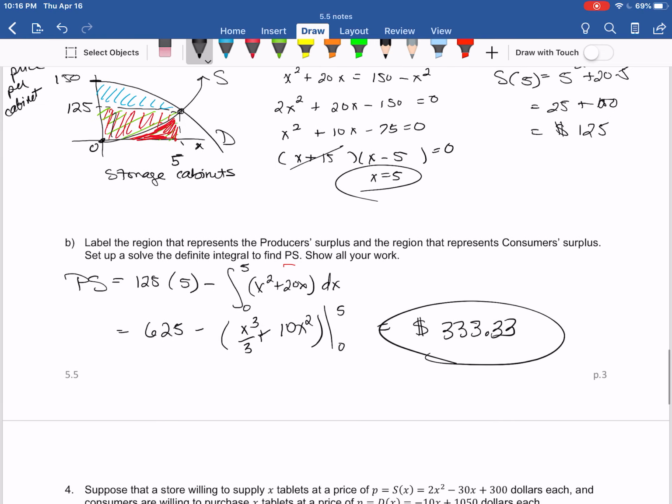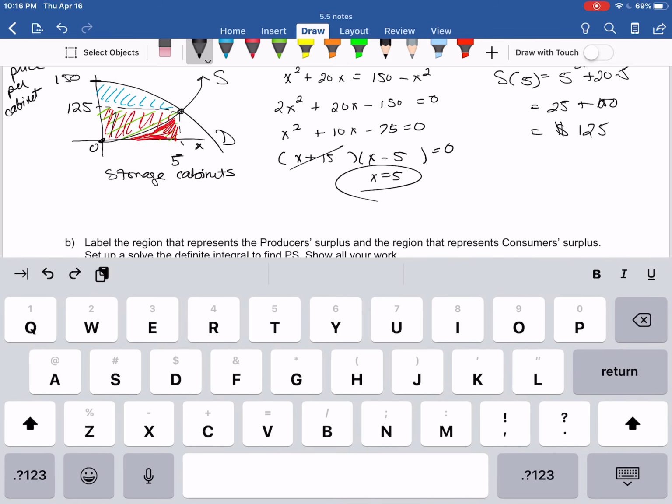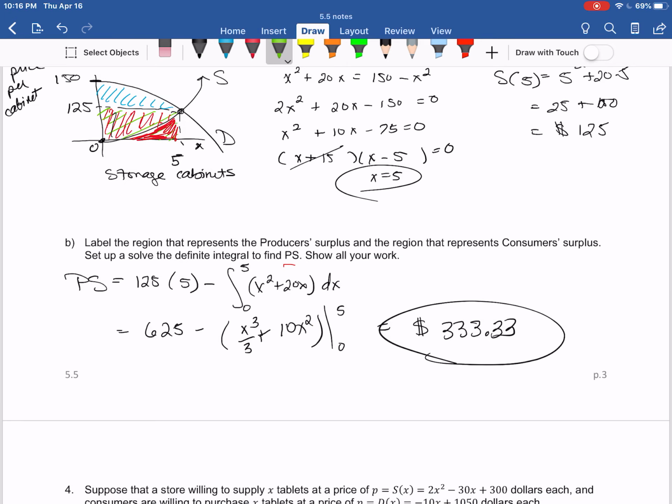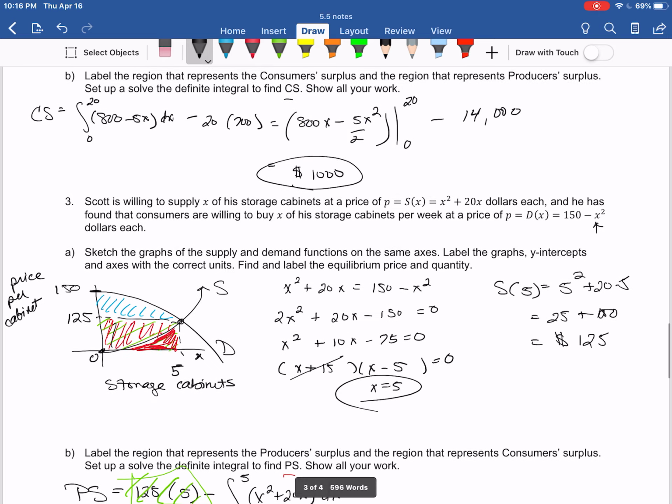Okay, so that takes you to the end of that example. So we've done one with producer surplus, one with consumer surplus. You'll notice that producer surplus has the area of the rectangle first. And then the integral contains the supply function, okay? Whereas demand is used for consumer surplus.